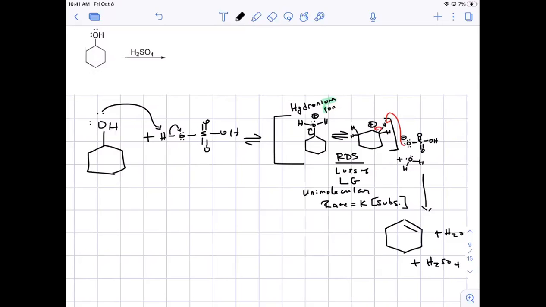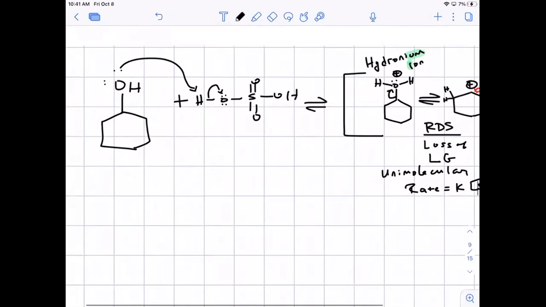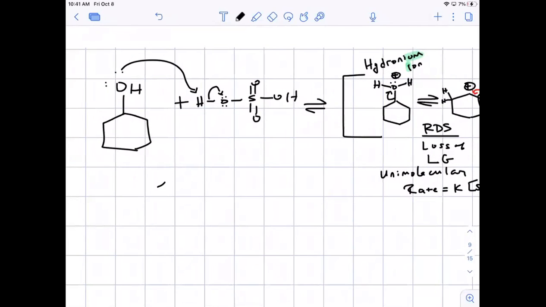It follows the same pathway as SN1. And in this particular case, the energy diagram is going to look something like this, where you have a really fast first step, followed by a slow step, followed by another fast step, right? So this is your hydronium.